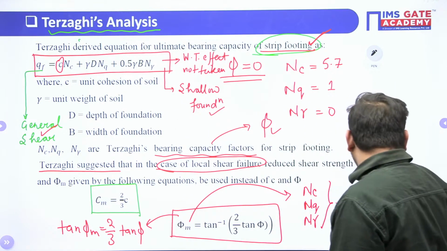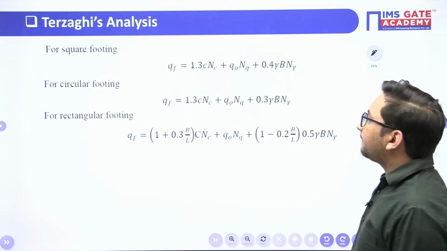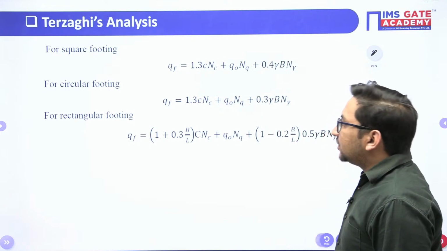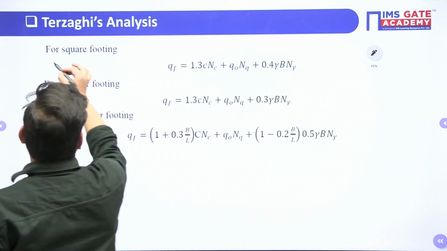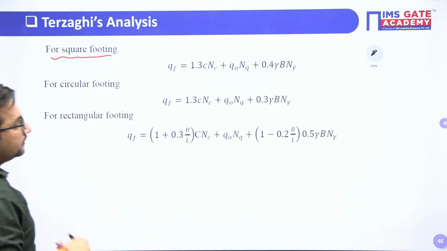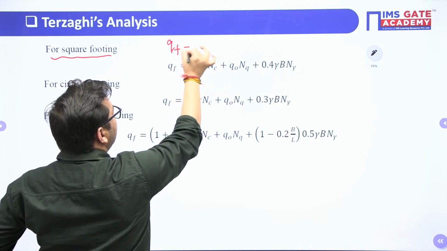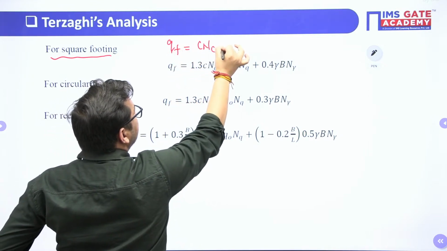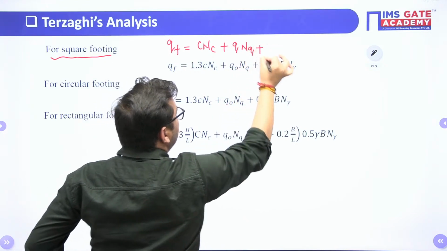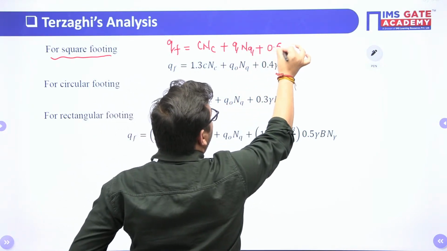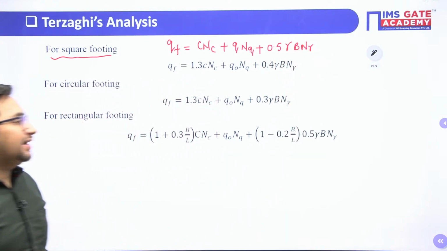Now there can be different changes for the shape of the footing also. So if there is a square footing, remember our general formula was qf is equal to cNc plus qNq plus 0.5 gamma B N gamma, right?